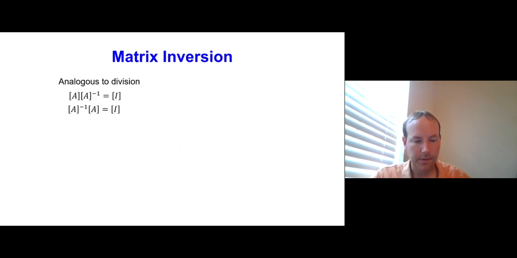All right, so the next matrix operation you need to know about is matrix inversion, and it's somewhat analogous to matrix division.